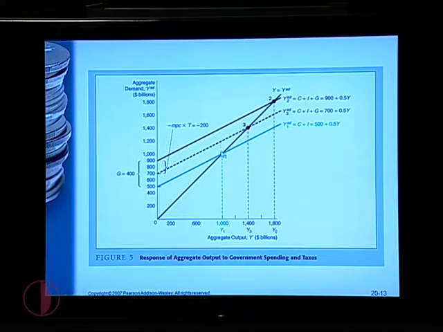From here, this was the initial function, AD1 equals C plus I, equals 500 plus 1. So now, after an increase in government spending by 400 to 900, this was at point 2, where AD2 is the new function.